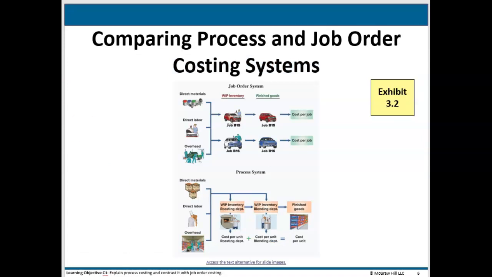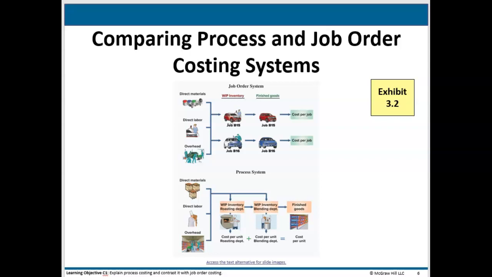Here's another example. This is a comparison of process and job order costing systems. So from chapter 2, you look at the graph of the car there where we have a job order system. And then below it we just talked about is the process system.